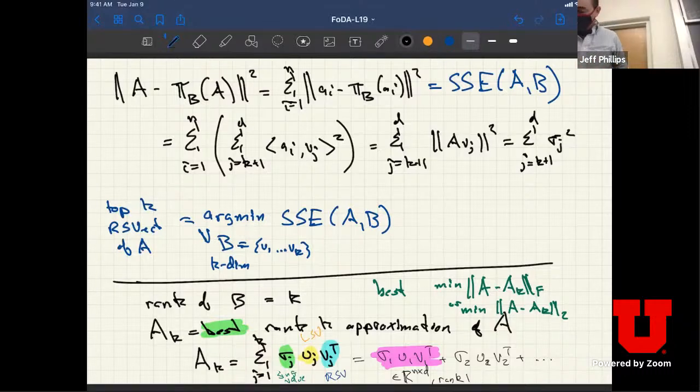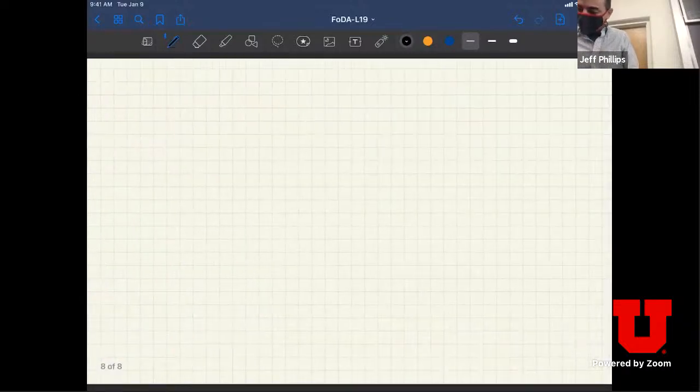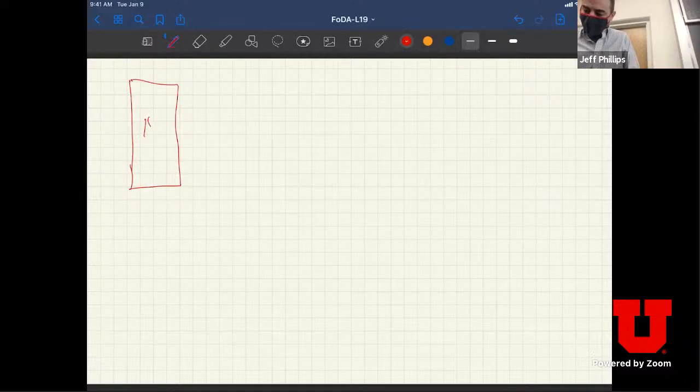Okay, well, let me explain a little bit about how to think about these. Another way of thinking about this is, remember, I had this matrix A and I got this decomposition based on the SVD.